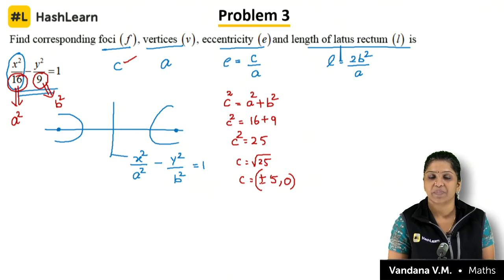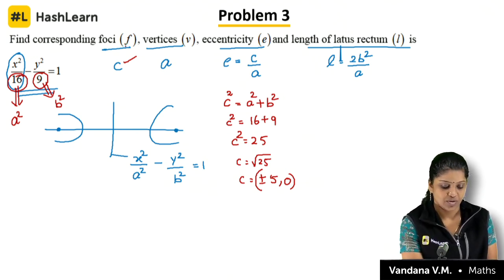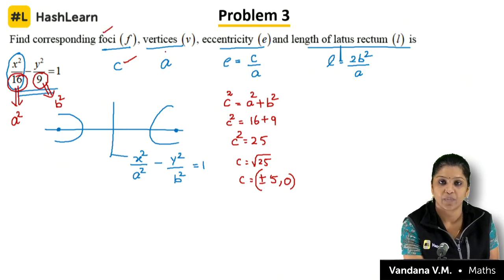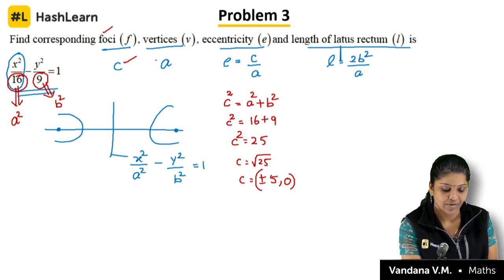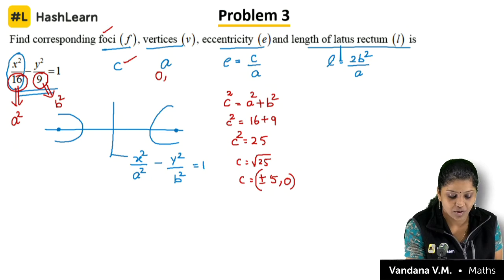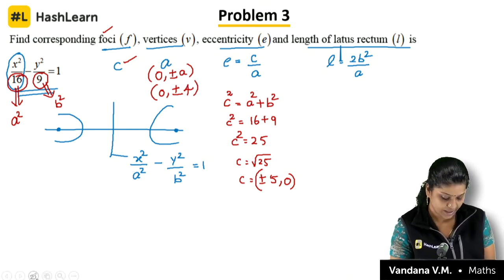I know the c value. So, first one, foci, I wrote. Now, write the vertex. Vertex is nothing but plus or minus a comma 0. So, plus or minus a value is 4, isn't it?